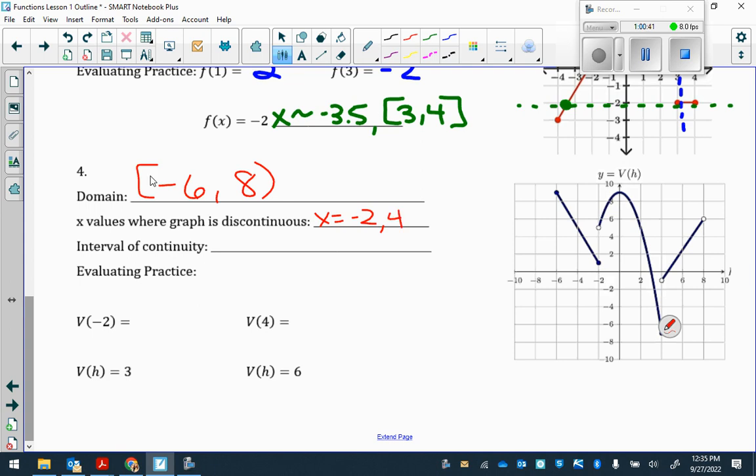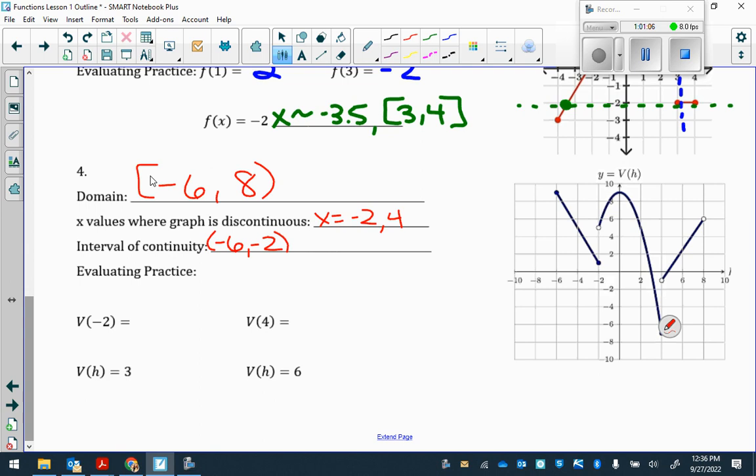Now interval of continuity is looking at the pieces. So how many pieces do we have here of a graph? 3. So we have 3 separate intervals. So what's my first interval? So this first line here, and no matter what, parentheses always. Go ahead. -6. Okay, hold on one second. That's that first one.